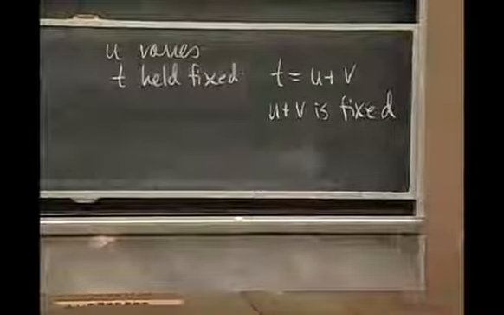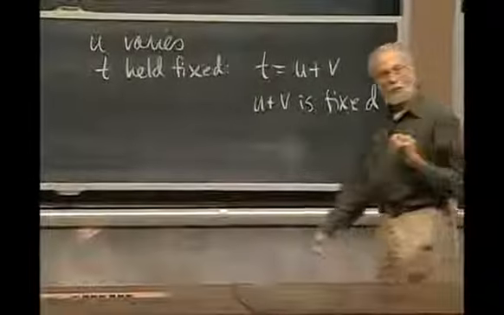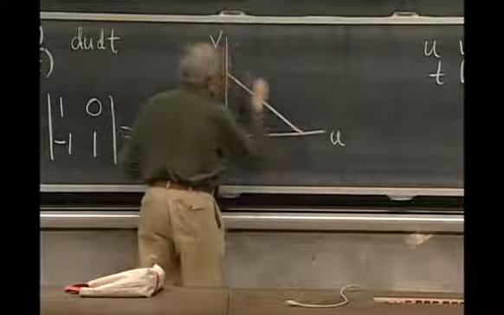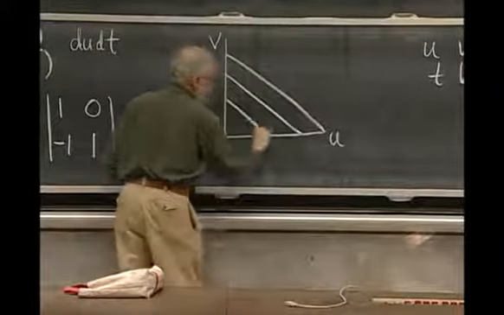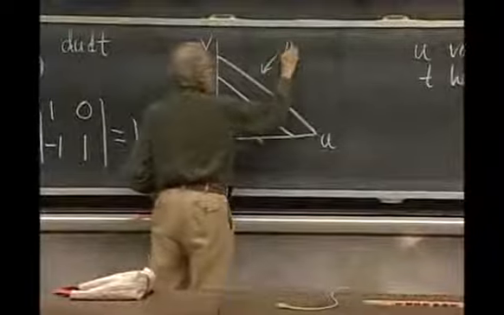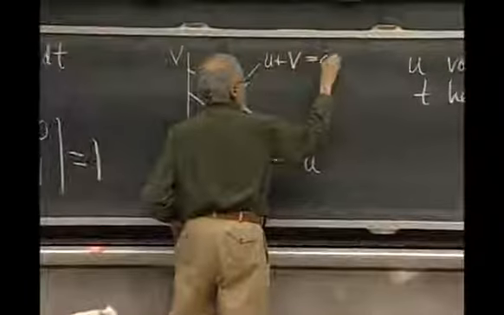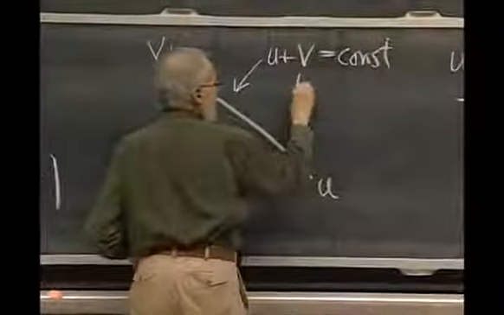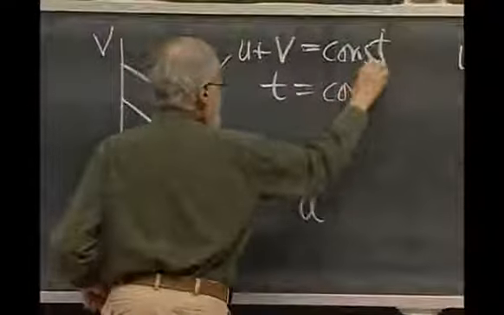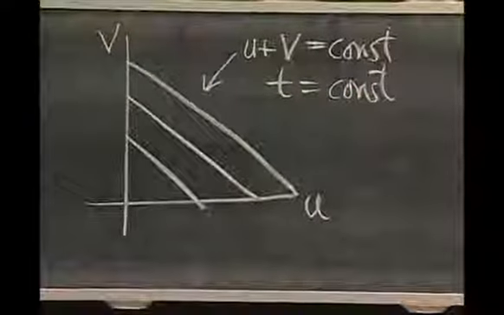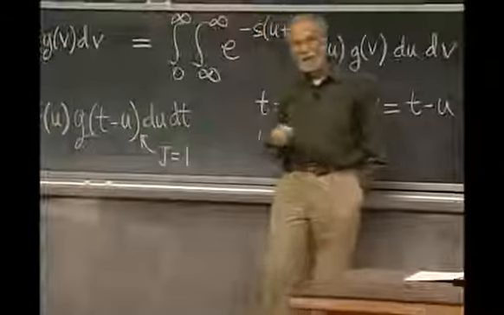Where are the curves along which u plus v is a constant? Well, they are these lines. The reason I'm holding t constant is because the first integration only allows u to change.